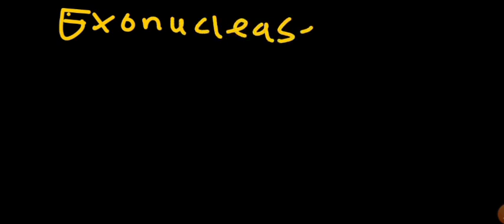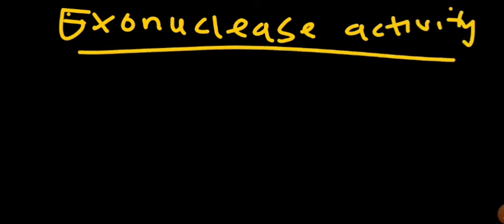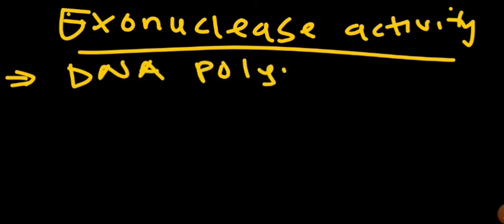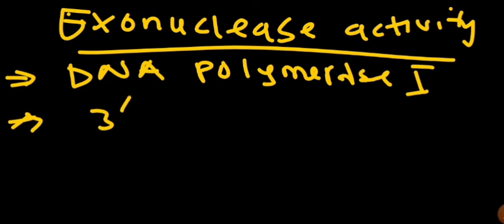Then the exonuclease activity for DNA polymerase 1, DNA polymerase 1, it is 3' to 5' and 5' to 3'.